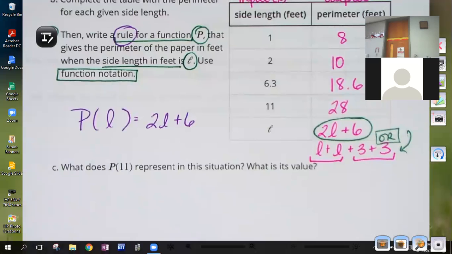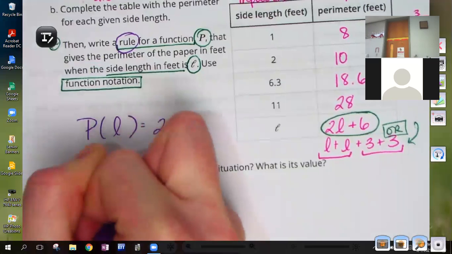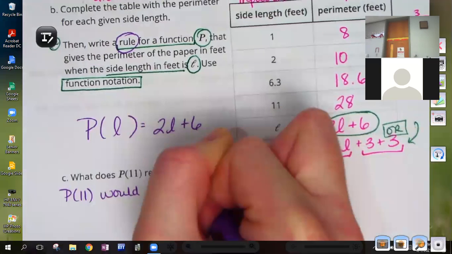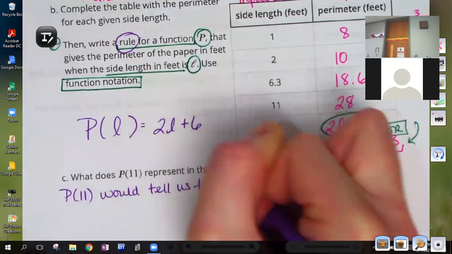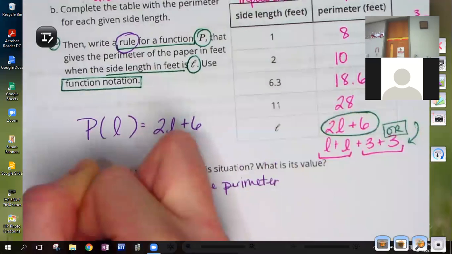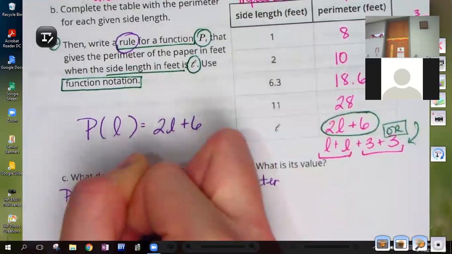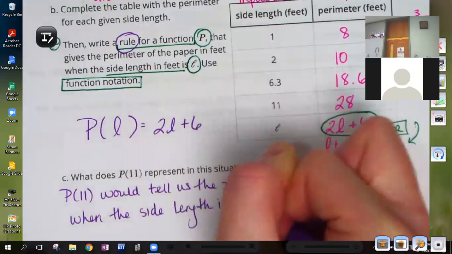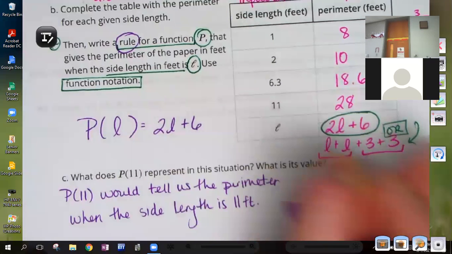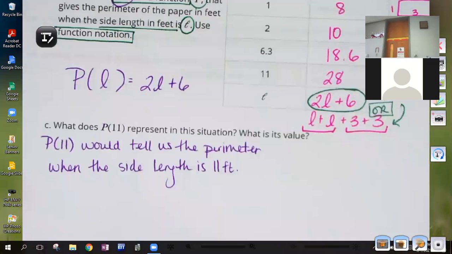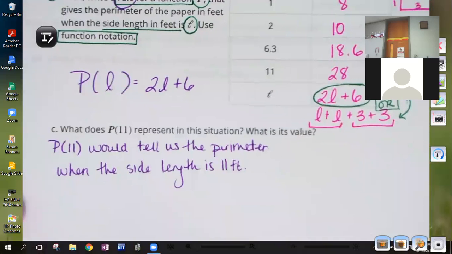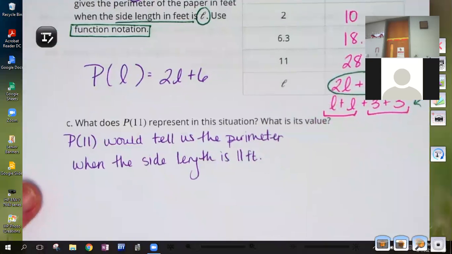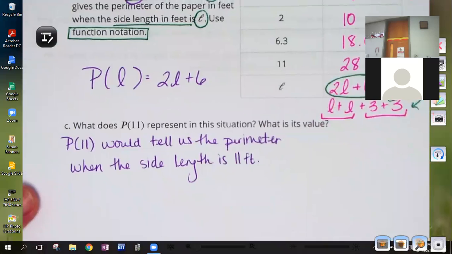So P of 11 would tell us the perimeter when the side length is 11 feet. That's right.